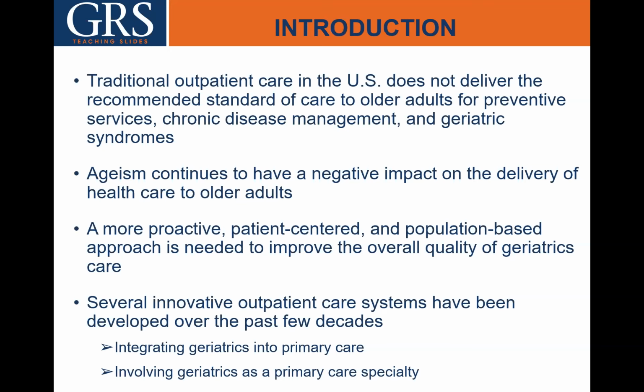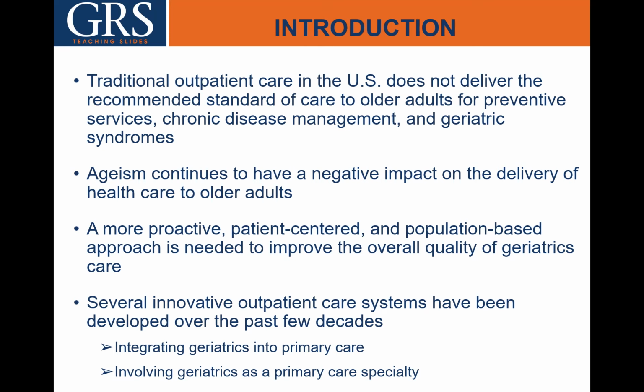So that's why they prefer to treat a young patient in order to save time to see another patient. In the same time, they can see like 2 or 3 young patients instead of one older patient in order to get more income. So that's a problem for the traditional primary care system.